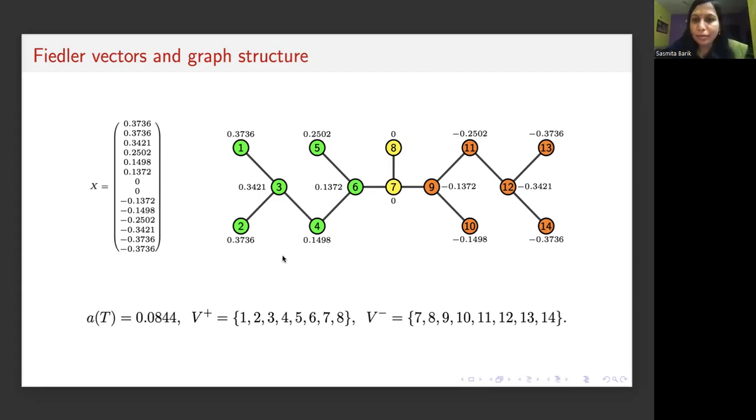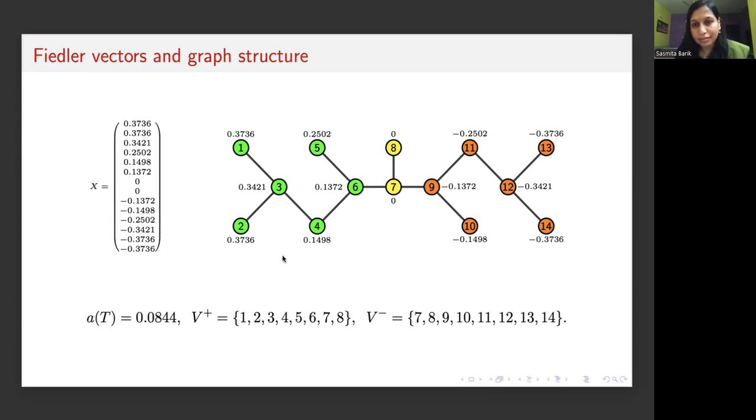So my Fiedler vector, in particular, is the eigenvector corresponding to a(G), and that is an independent vector from the all ones vector. So I'll orthogonalize it so that it is orthogonal to the all ones vector. It contains some positive, negative, and 0 entries.